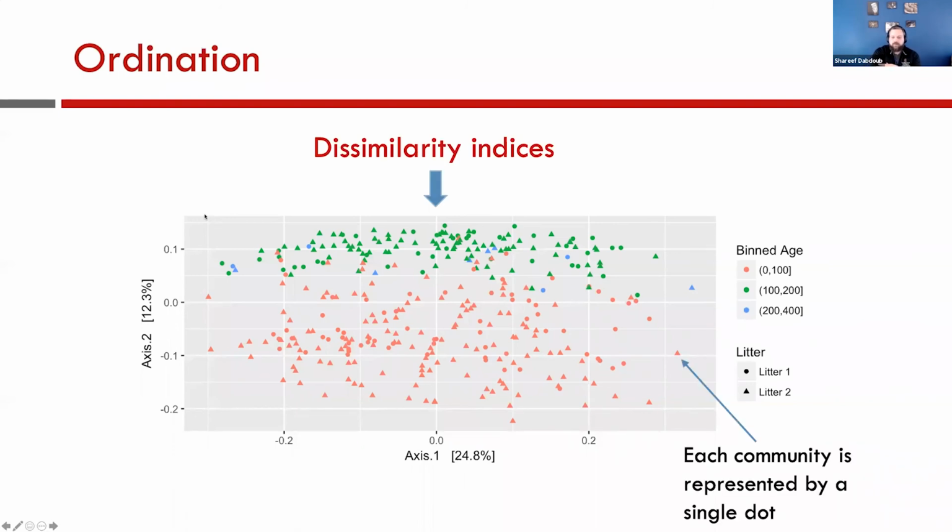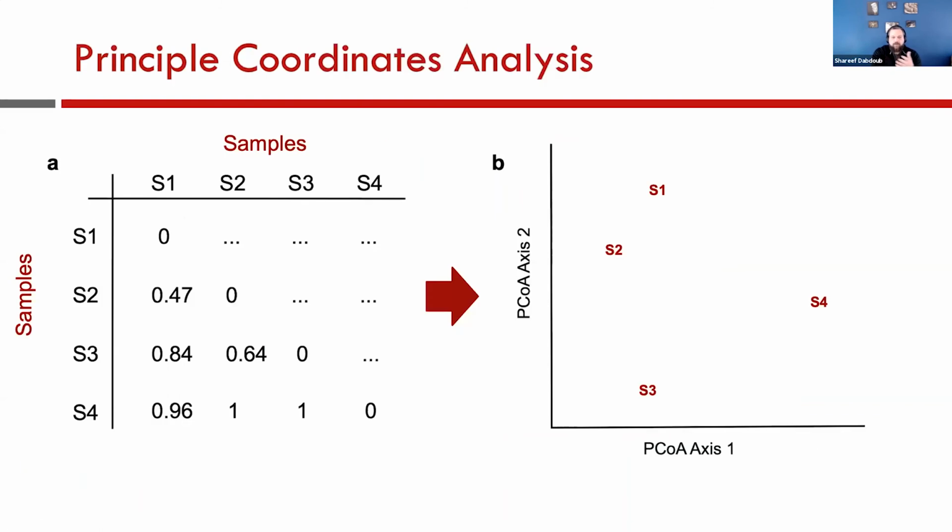Okay. So principal coordinates analysis, also called metric MDS, is one of the most commonly used ordination methods for dimensionality reduction for ecological statistics.